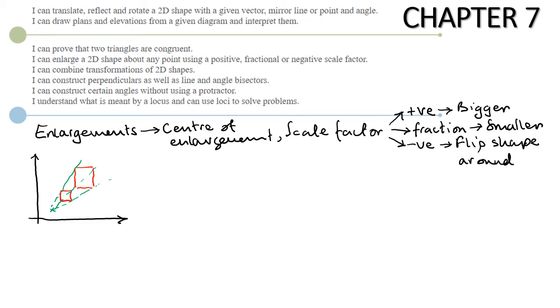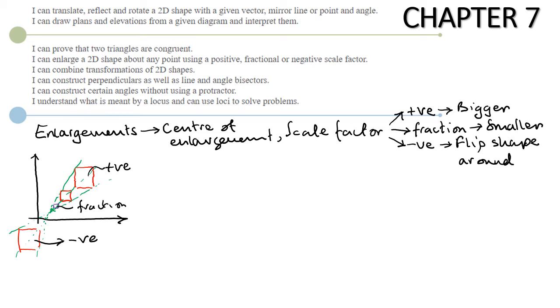If it was a fractional scale factor, then my square will probably end up down here looking a bit smaller. If it was a negative scale factor, then we carry on these lines, so they go through the center of enlargement, come out the other side, and you end up with a shape down here, something like that. So this one is a positive scale factor, this one is a fraction scale factor, and this one is a negative scale factor.